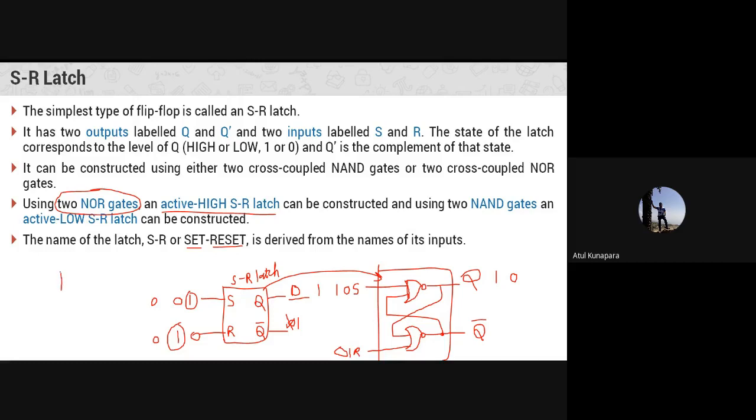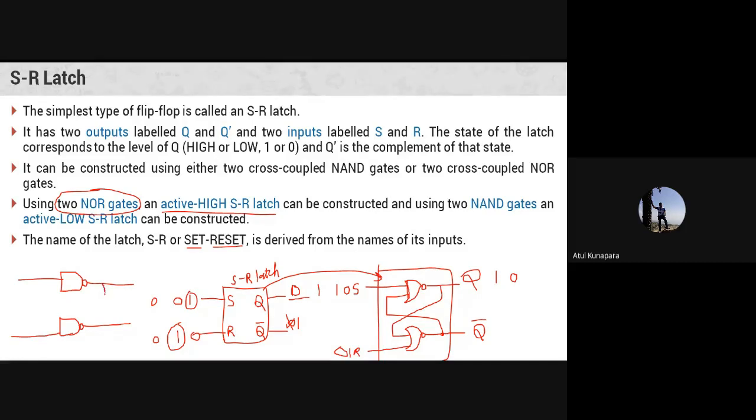Now in the two cross-coupled NAND gates, your circuit is going to be like this. This is the NAND gate I'm going to draw here. There also you will have two inputs to each of those NAND gates. So these are the two outputs and these are the two inputs.